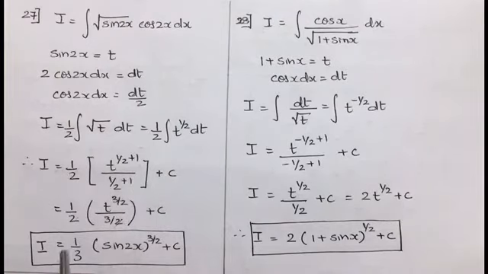Taking the LCM, we'll get 1 by 2 t raised to 3 by 2 upon 3 by 2 plus c. 2 and 2 get cancelled. So we get 1 by 3, and keeping the value of t as sine 2x, we'll get 1 by 3 sine 2x raised to 3 by 2 plus c.